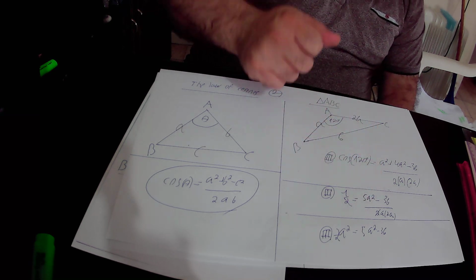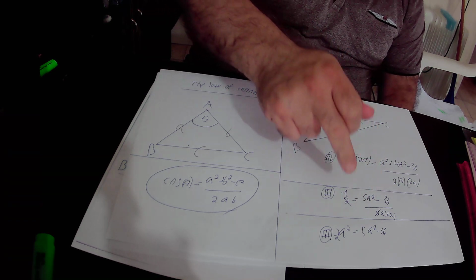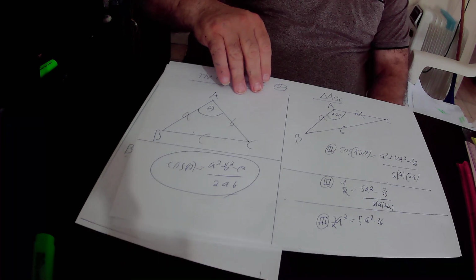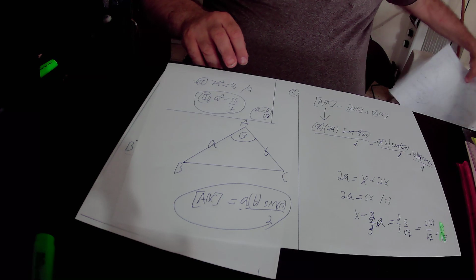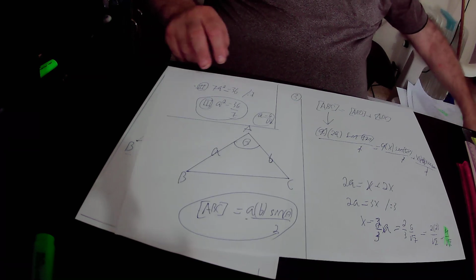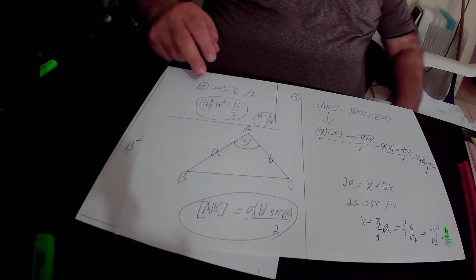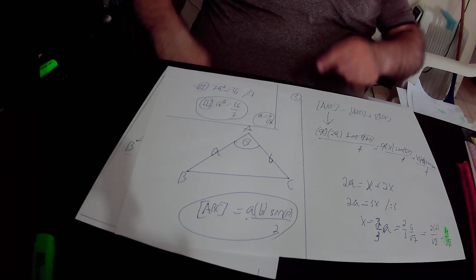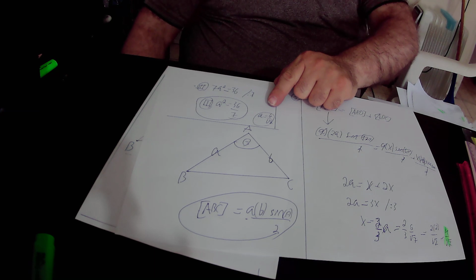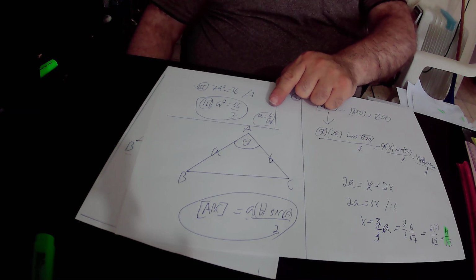We added 5a square and also 36 to equation number 3, and we got that 7a square equals 36. We divided this equation by 7 and found out that a square equals 36 over 7. We took the square root of this equation, and we found out that a equals 6 over square root of 7 units.